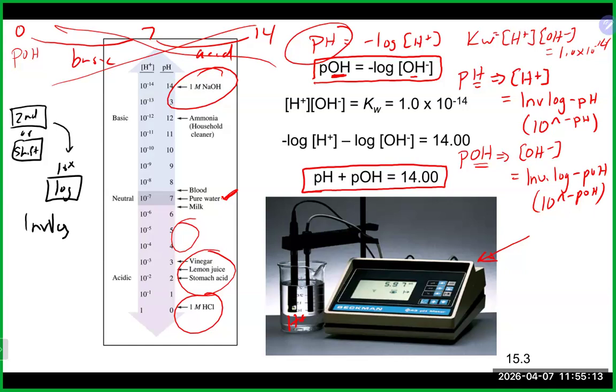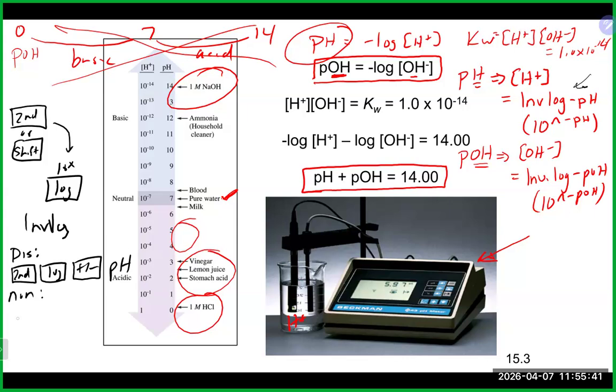Are you talking about on display? Yeah, to do this calculation. Is that what you're talking about? Yeah. So if you had a display calculator, you would most likely hit either your second button or shift button and your log button, and then you would go negative and then your pH value. If you have a non-display, you have to go backwards on this one as well.